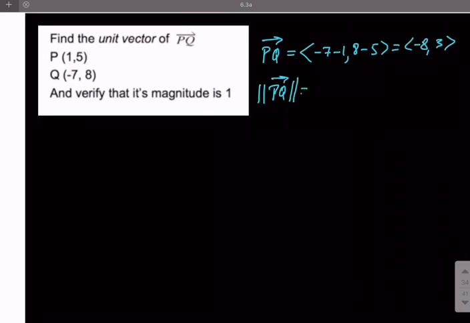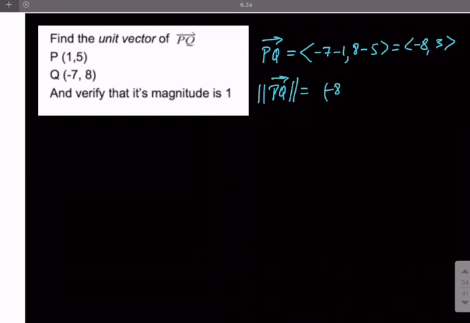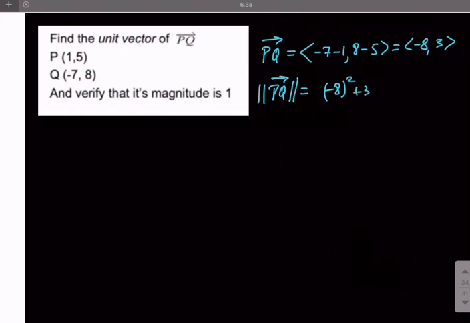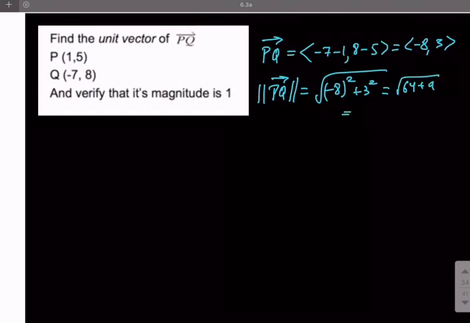The magnitude is going to be the square root of negative 8 squared plus 3 squared, which is 64 plus 9 square root, so it's square root of 73.